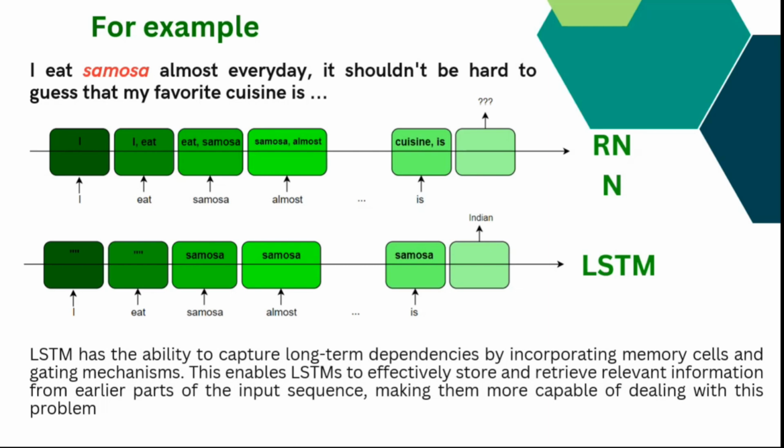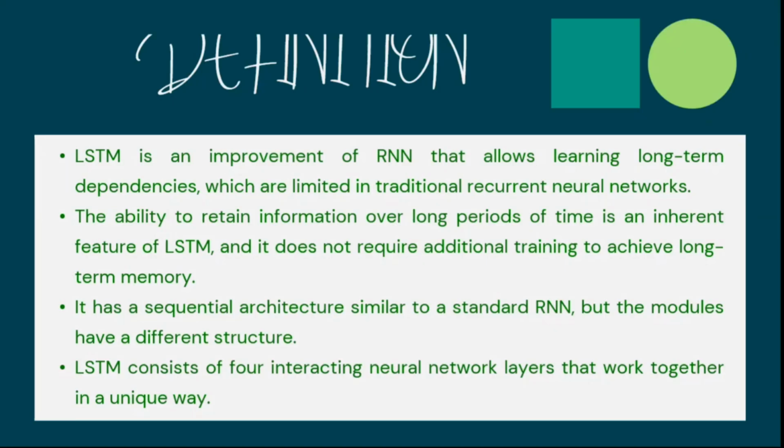They have the ability to capture long-term dependency by incorporating memory cells and a gating mechanism. This enables LSTMs to effectively store and retrieve relevant information from earlier parts of the input sequence, making them more capable of dealing with this problem.